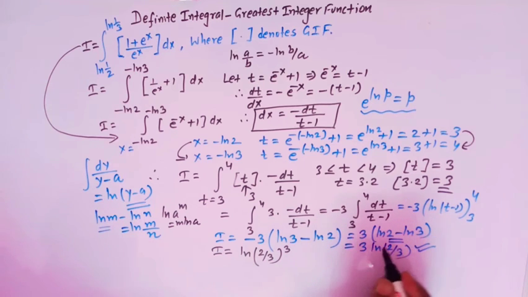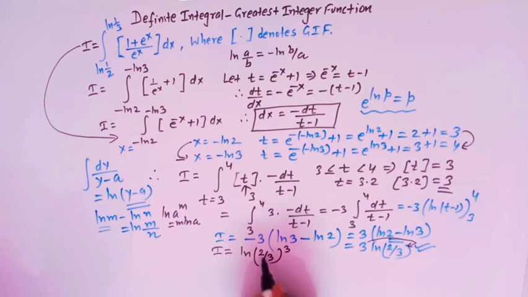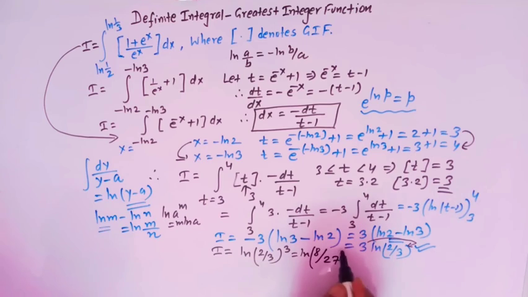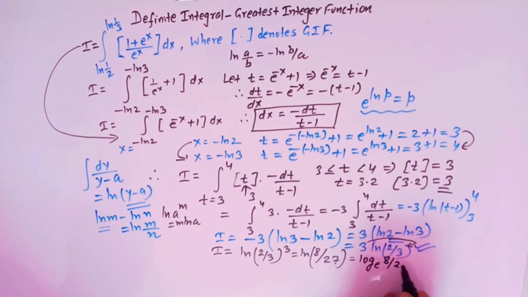So taking the power 3 inside, we have log of 2 over 3 raised to 3, and 2 cubed is 8 and 3 cubed is 27. So the value of this integral is log of 8 over 27. We can also write it as log to the base e of 8 over 27. So viewers, this is how we solve this integral.